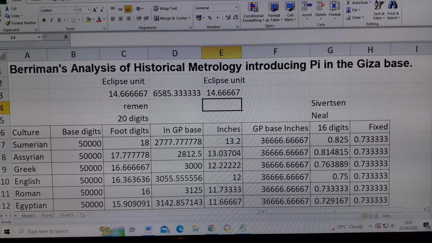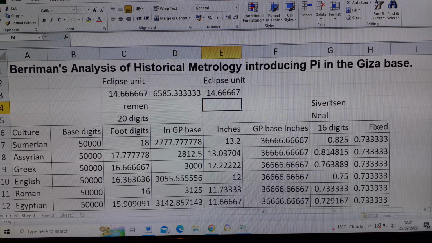And the first foot that he looks at is the Roman foot, and that has 16 digits in it. And he then compares this to the Greek foot, which is 25 divided by 24 of the Roman. So that gives 16.666 digits in the Greek foot.